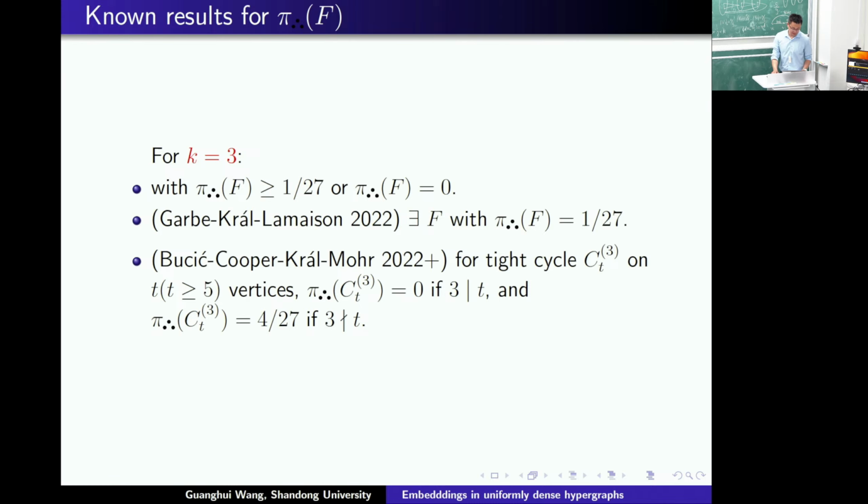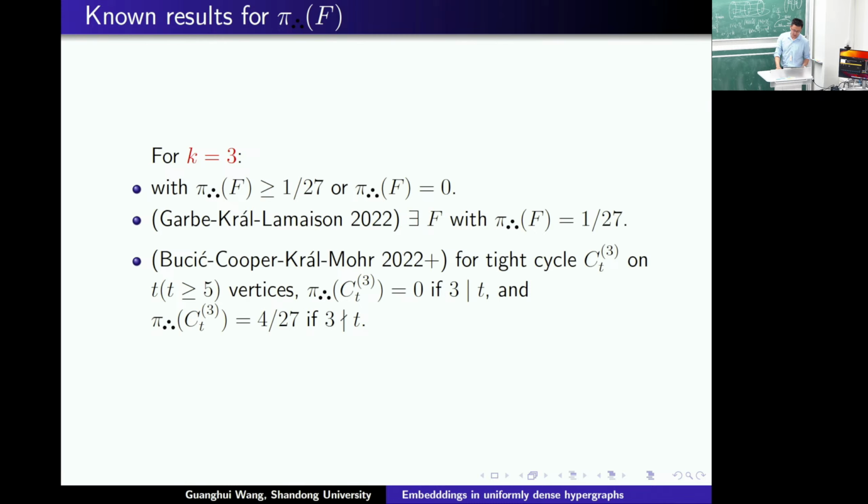And last year, Garbe, Král', and Lamaison constructed a 3-graph with uniform Turan density 1 over 27. So this result proves the conjecture of Matthias.